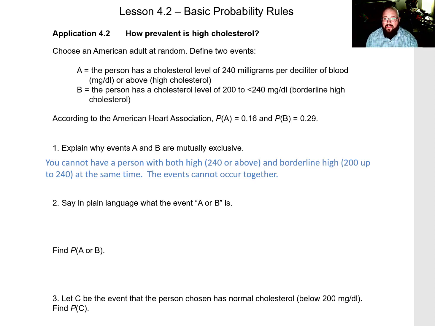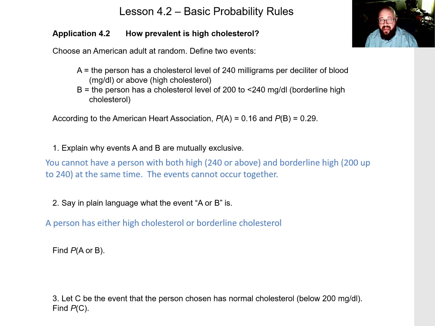So in other words, a person either is going to have high cholesterol, or they're going to have the moderate or normal cholesterol, if that's what is considered, okay? So now it says, say in plain language what the event A or B is. That is simply saying a person has either high cholesterol or borderline cholesterol, right?